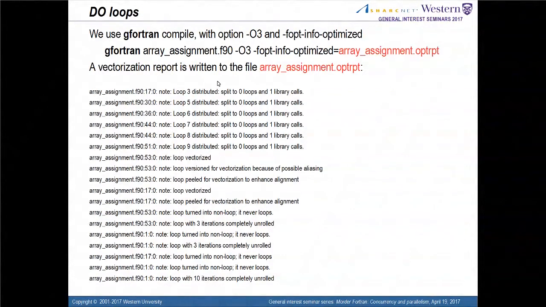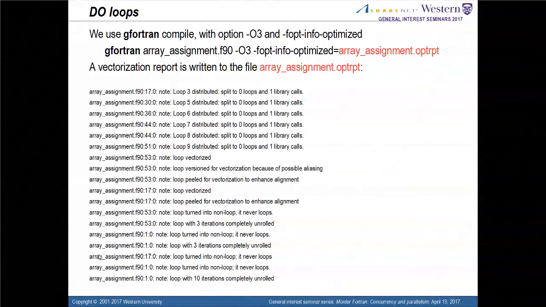If you want to see what's happening in the code generated by the compiler, you can use the option -fopt-info-optimized= and give a file name, and then the messages will be written to this file.